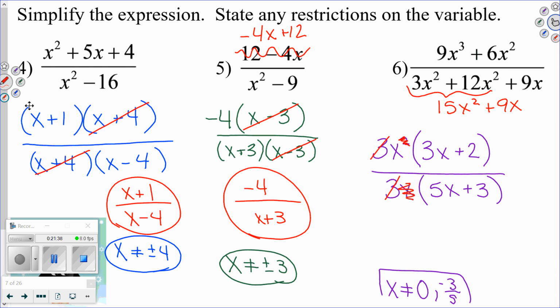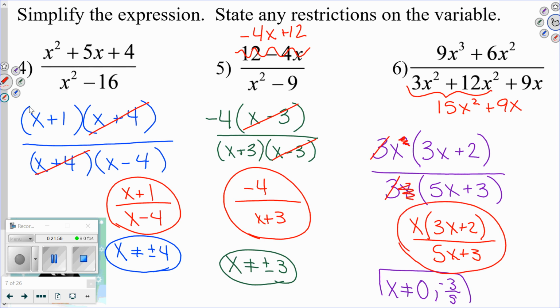I can't touch them. These are not. I can take those one piece at a time. So on the top, I have an x and a 3x plus 2. And on the bottom, I just have 5x plus 3. Ooh, can I cancel these x's? No. That one's held with a plus sign to that one. That's right. Read your paper.